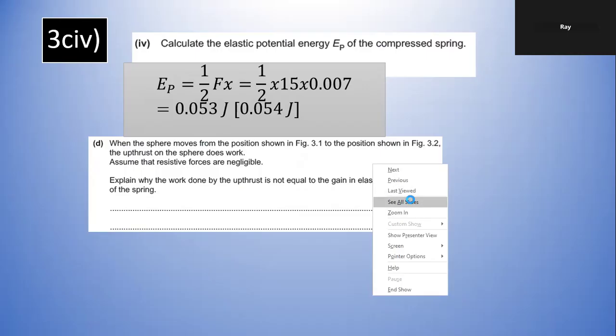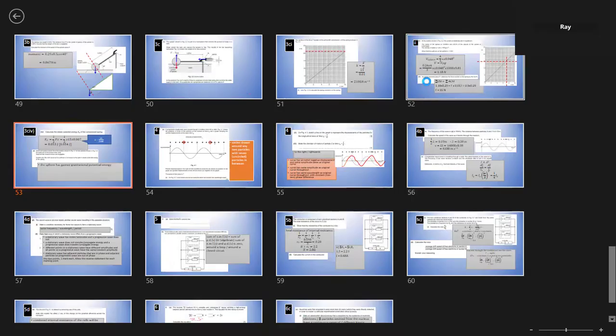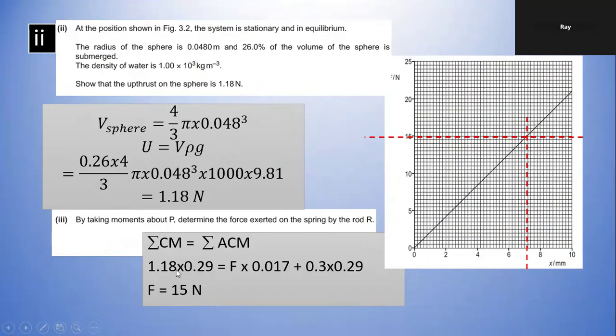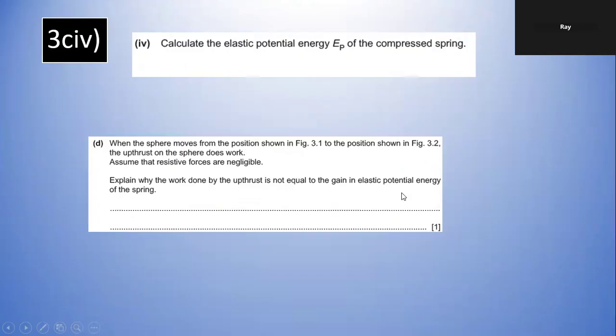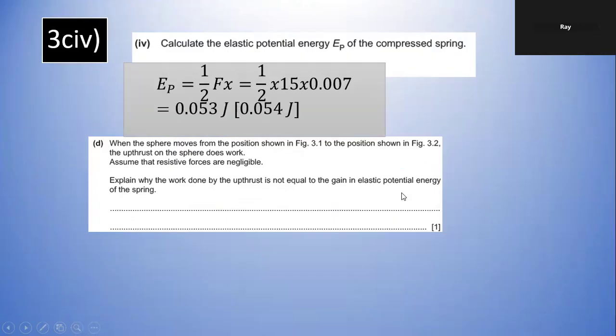Refer to the previous question if you are lost. 15, read from the graph. The extension. That's the reason why they ask you to calculate 15 extension of the graph. Can or not?